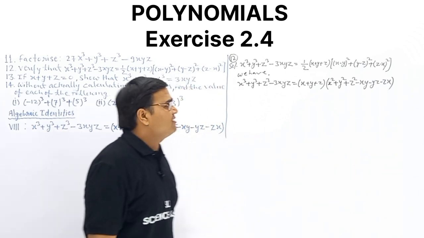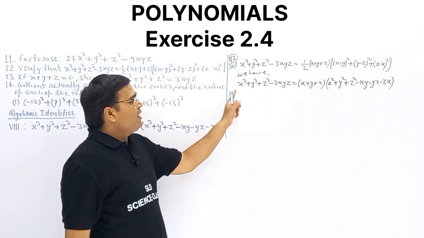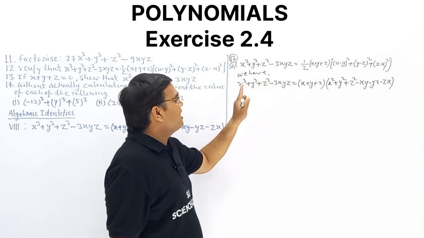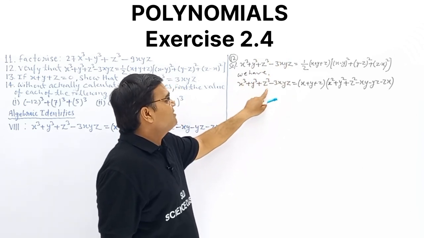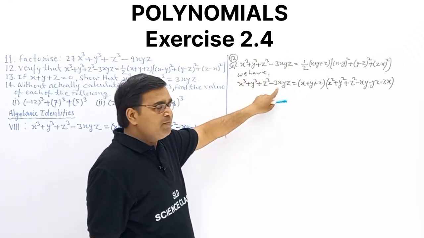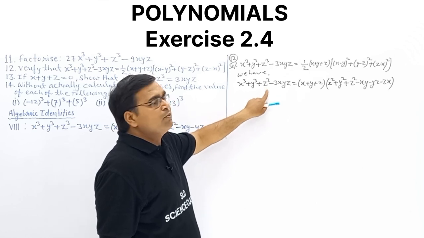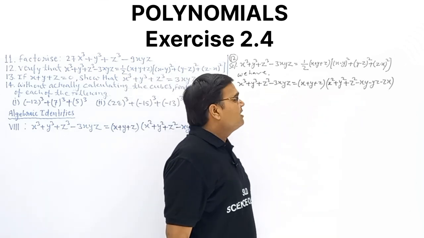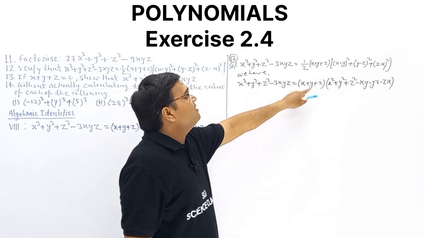We can write it like this. So we are taking this left side, x cube plus y cube plus z cube minus 3xyz, and its value from algebraic identity 8th we have this one. Now we want to convert this into the right side.